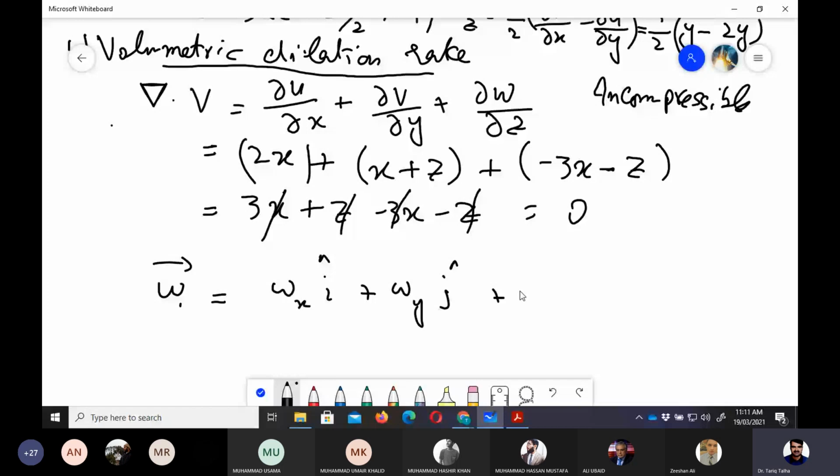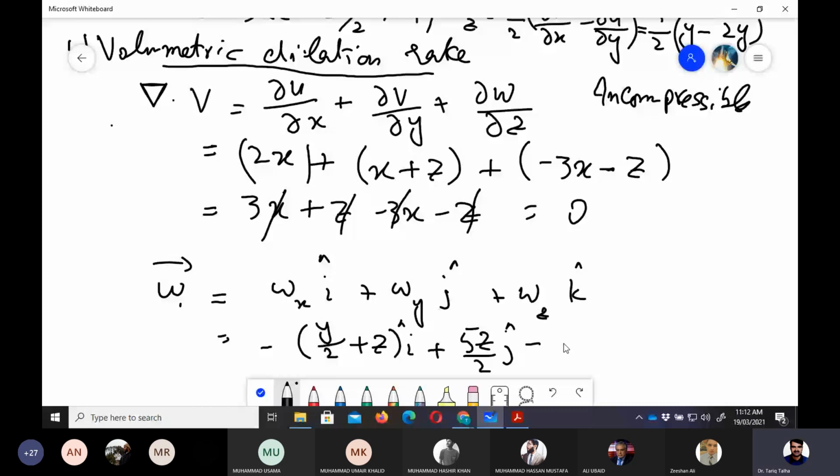So Wx value was equal to minus y by 2 plus v i plus 5z by 2 j plus, sorry, it should be minus here, minus y by 2 k.